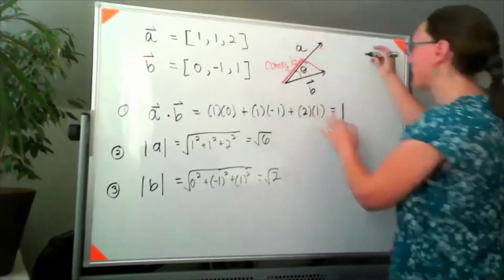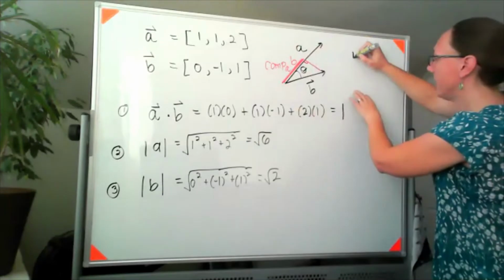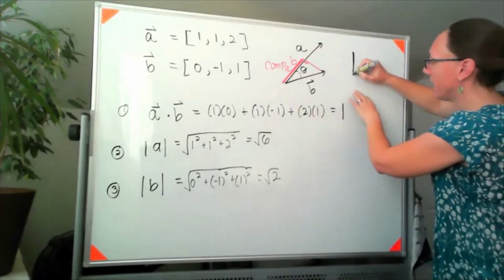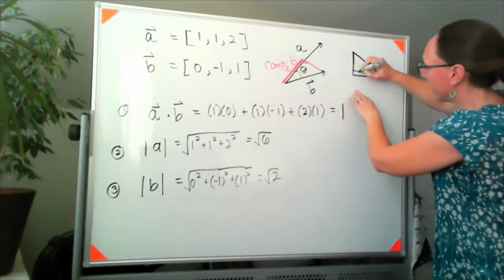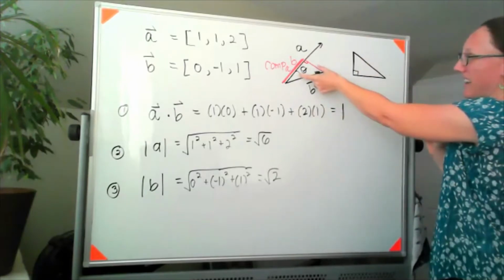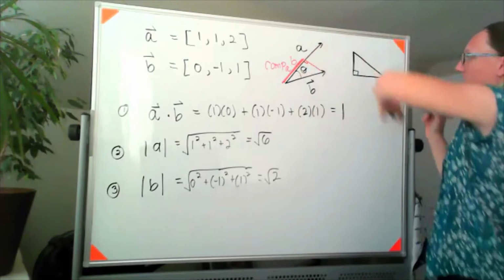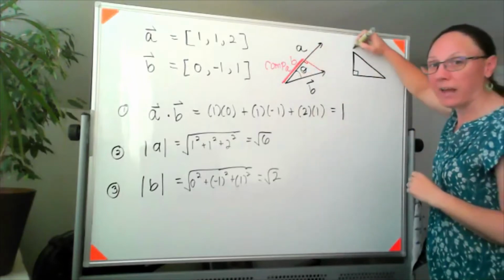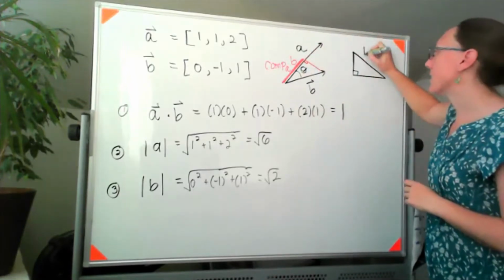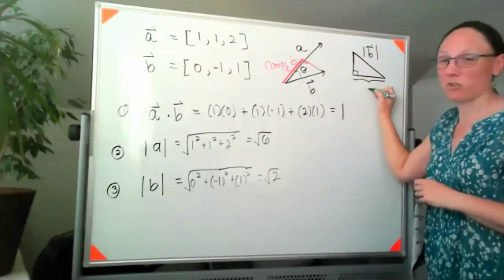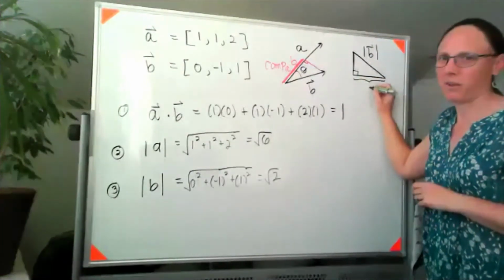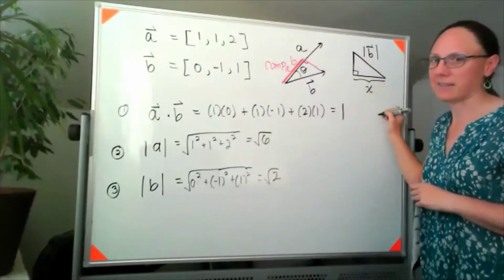So if I rotate that around in space, there's that right angle. That hypotenuse is the length of our B vector, and this side is what we're trying to find. For the moment, I'll just call it X.